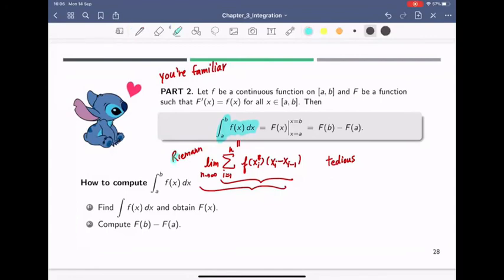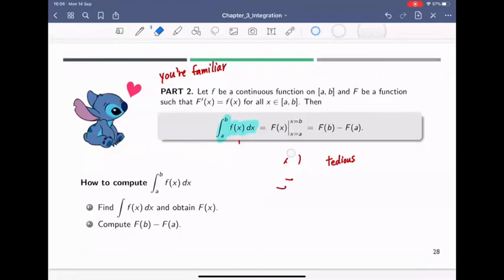So in about, I think, the late 18th century or something like that, if I'm not wrong, mathematicians developed the theorem, and finally we got the fundamental theorem of calculus, which is this thing.